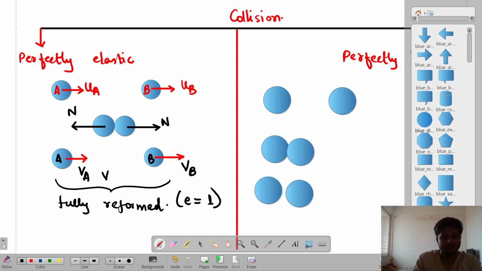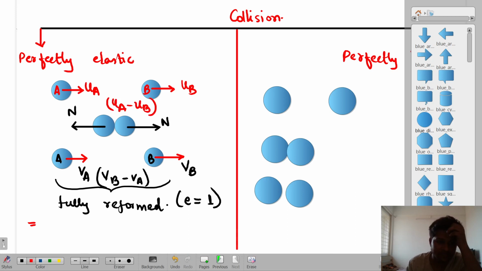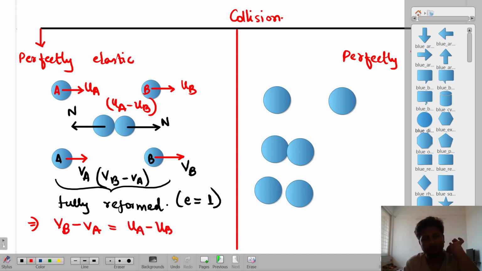This is my velocity of separation, v of B minus v of A, and this is my velocity of approach, u of A minus u of B. So if it is a perfectly elastic case, the bodies get fully recovered, and v of B minus v of A is exactly equal to u of A minus u of B.